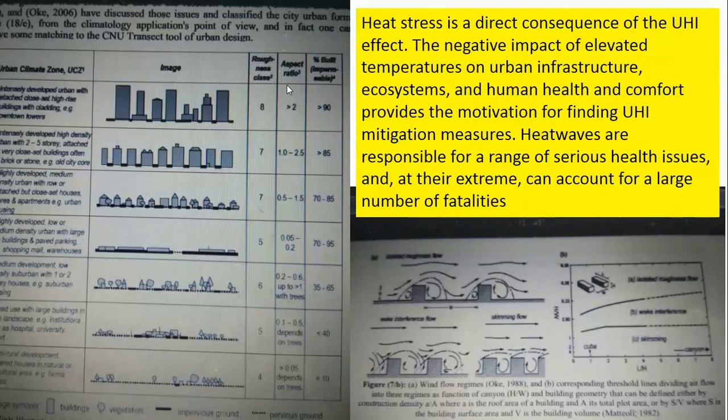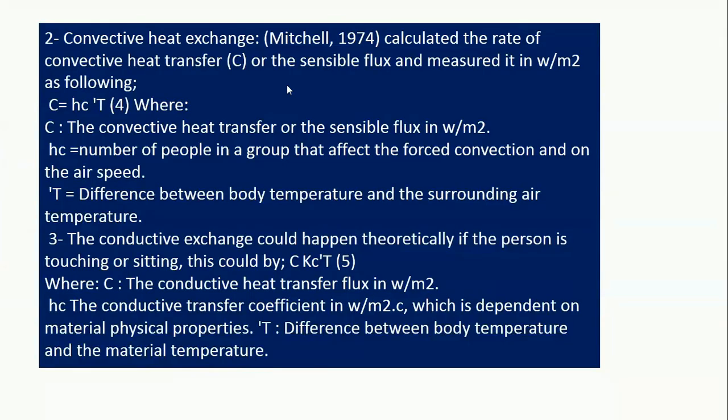Next one I must mention is that heat stress is the direct consequence. People are suffering from heat waves, vulnerability, and serious health issues. And this is the formula where you can calculate the convective heat exchange or convective heat transfer.